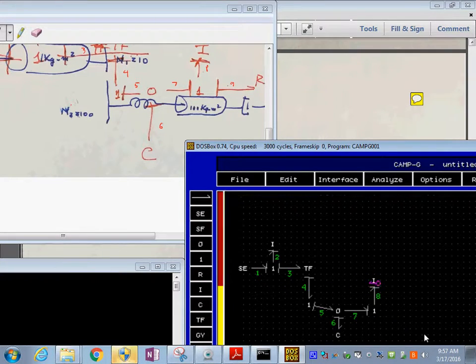So now once the program comes up, we will use the CAMG SYM file in MATLAB, which CAMG sent to MATLAB from this bond graph model. So at this point, we have to wait a little.